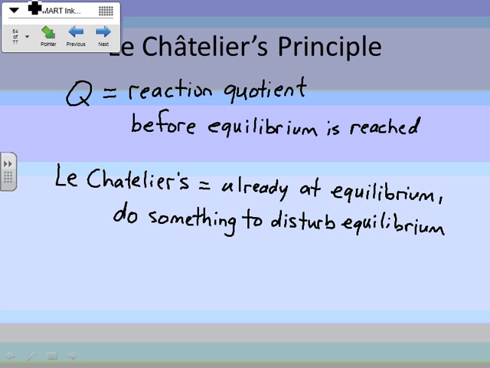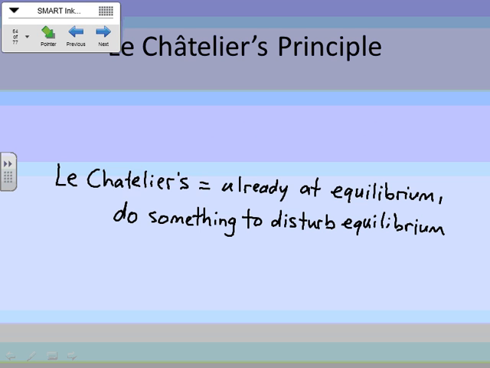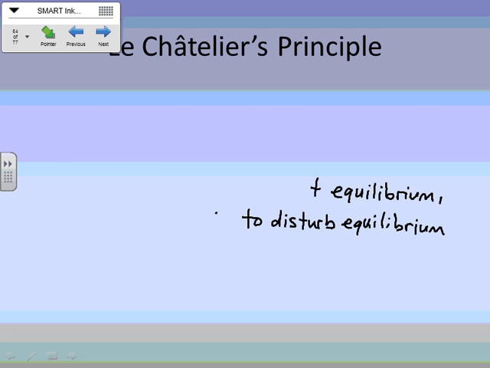Q is when we are just putting things in, okay, and then they're getting to equilibrium. Le Chatelier, we're already at equilibrium, and then we do something like change the temperature, or change the pressure, or change the amount of one of the reactants or products that we put in. We add more of a reactant or product, and that's going to disturb the equilibrium. It's going to push it one direction or another, okay? And so that's the difference between the Q and Le Chatelier, and that was sort of a source of confusion last year, so I wanted to just make sure that we understood that. And again, I'll talk about that at least a couple more times today as we go through this, I think, as long as I remember.